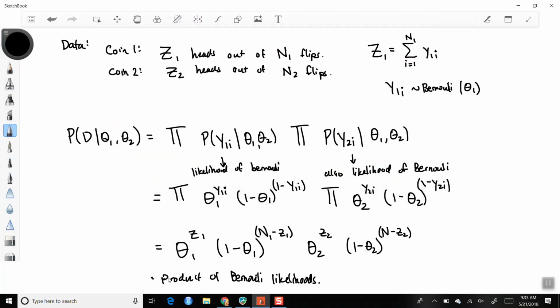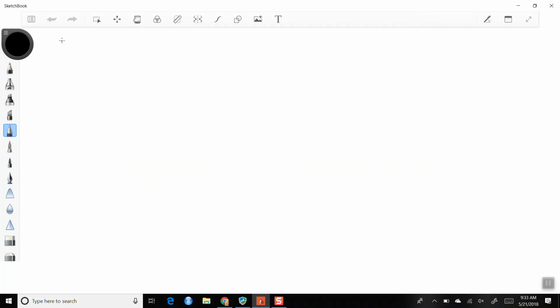Okay, so this is our likelihood, and we ask, what is our prior distribution? Our prior distribution is going to be the joint distribution, so this is the prior joint distribution over theta 1, theta 2.